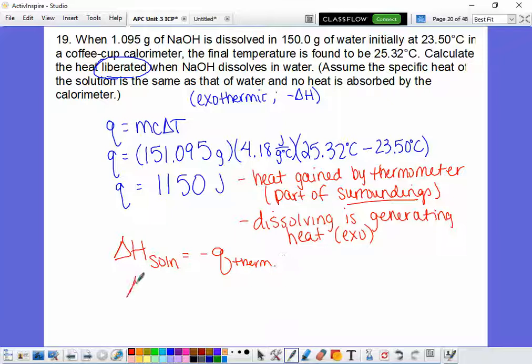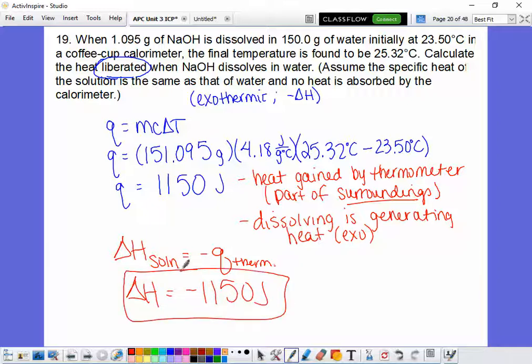So therefore, what is my delta H for the dissolving of sodium hydroxide? Negative 1150 joules. And that's why for your hand warmer lab, you have some calculations where you have to change the sign, okay? Because you're changing the viewpoint of where it's coming from.